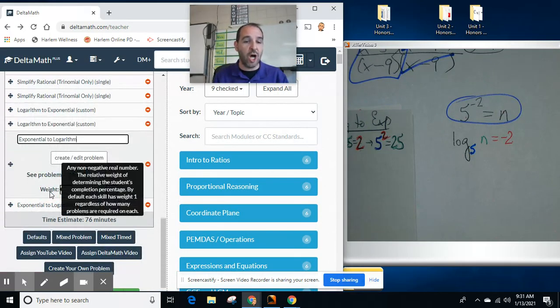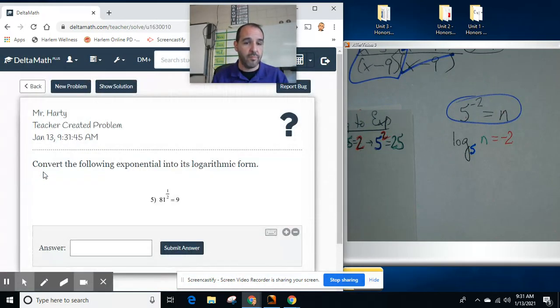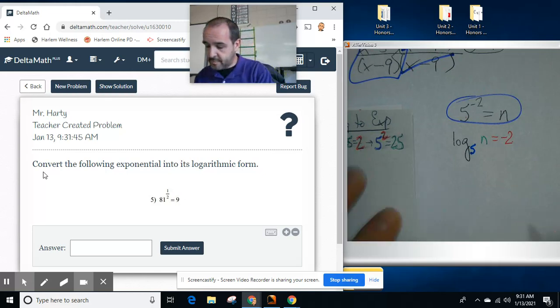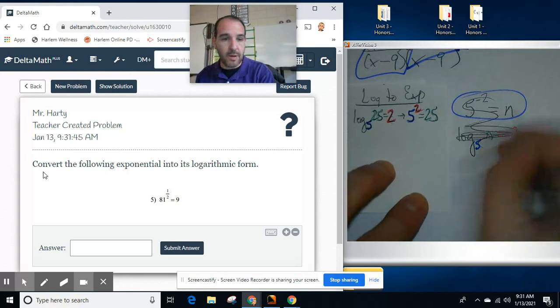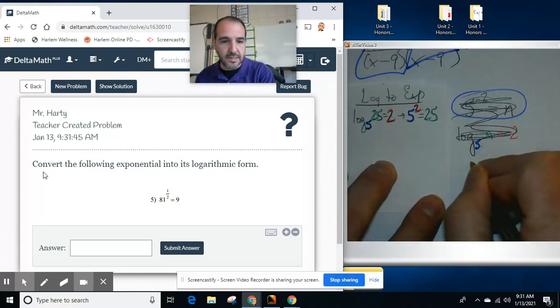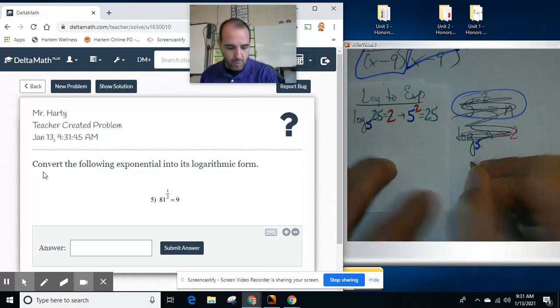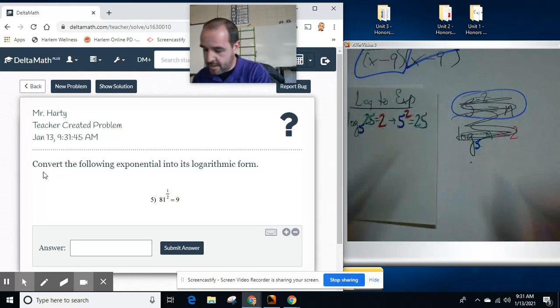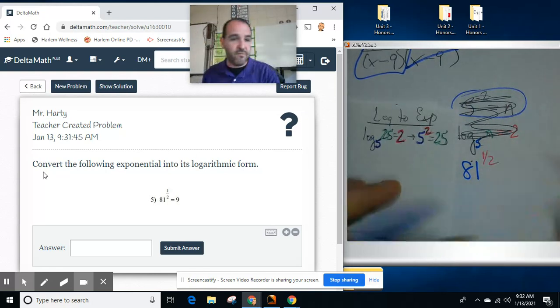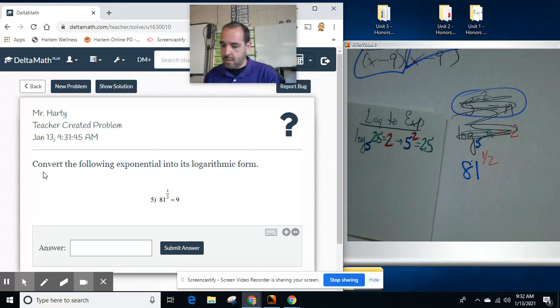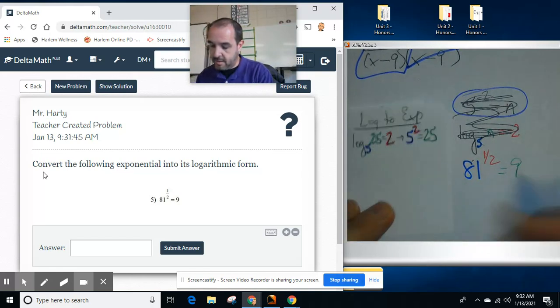Then exponential to log. It's just the opposite. So I look at this and I go, okay, I got my handy dandy color-coded example here now that I want to be working with. So I've got 81. I'm just going to color it right away. 81 to the 1/2 equals 9.